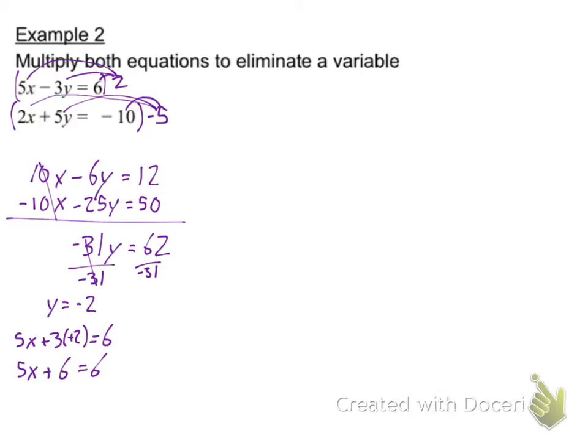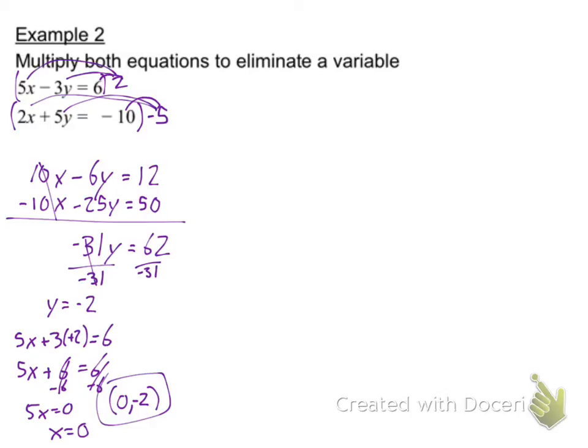If I subtract 6, I get what? So 5x equals 0. That just means x equals 0. Well, that's not so bad. So what's the point? (0, negative 2) is our answer.